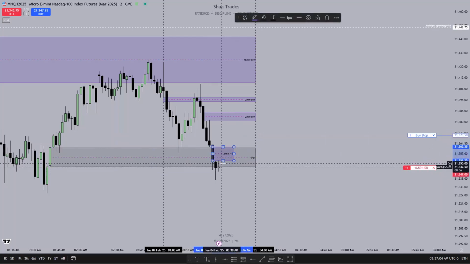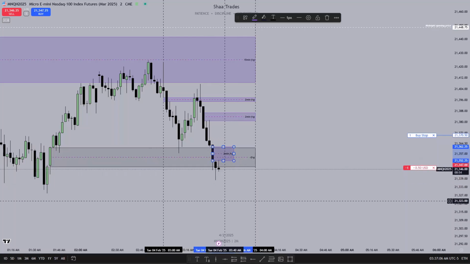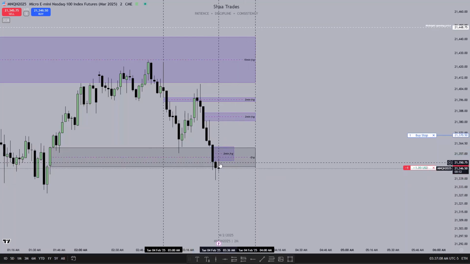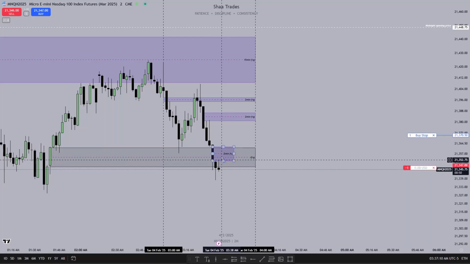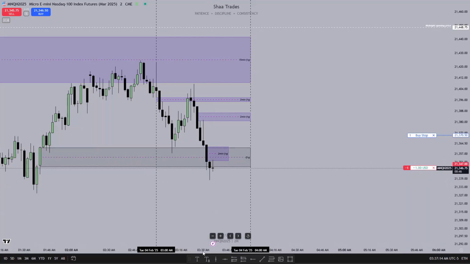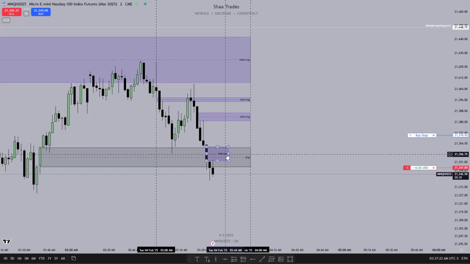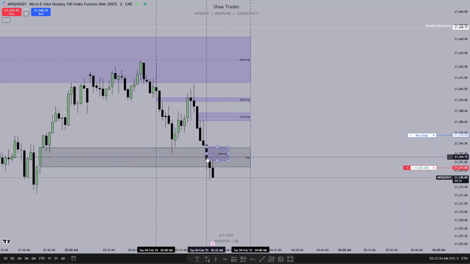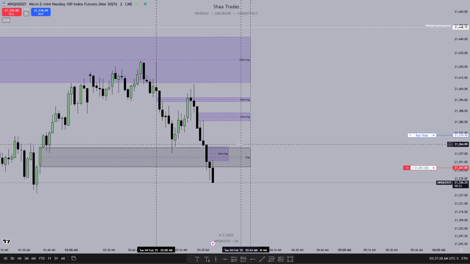So if it wants to trade up there, I would preferably not like to see that, and then, you know, it just pokes it and then melts. But it's okay if it trades to about the consequent encroachment of that there. I wouldn't want to see that, but if price goes above here, then I wouldn't want to be in a trade anymore.